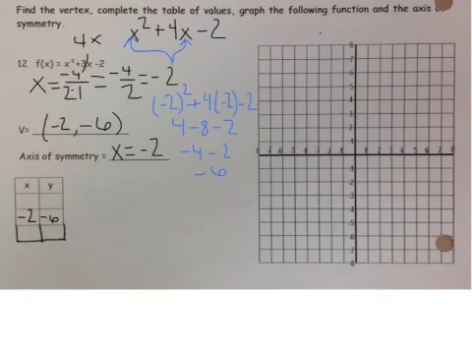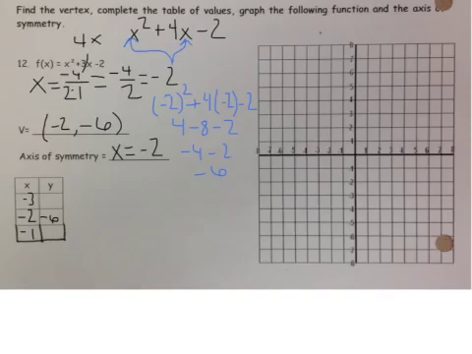Now to get my other points, I need one x value that's greater than negative 2 and one that's less than negative 2. For the less than, we're going to go with negative 3, and greater than is negative 1. Remember, you have to think opposite when you're talking about negatives. So I'm going to plug in the negative 3 into my x's in this function, just like I did in the blue when finding the y-coordinate of the vertex.